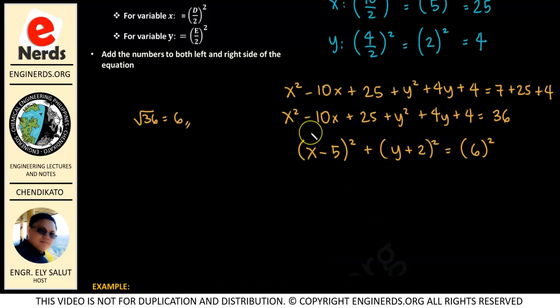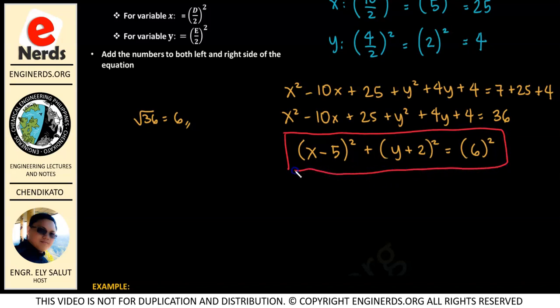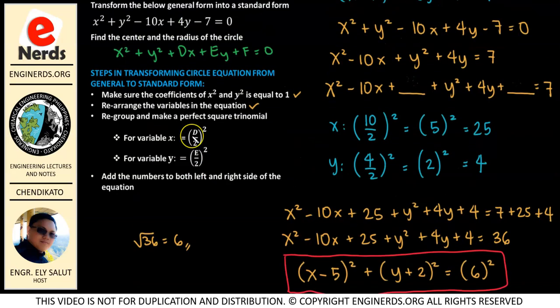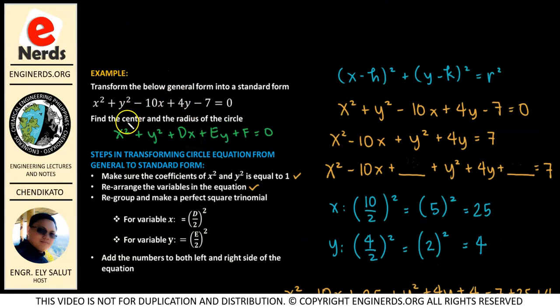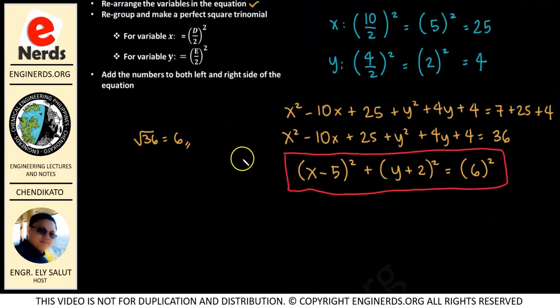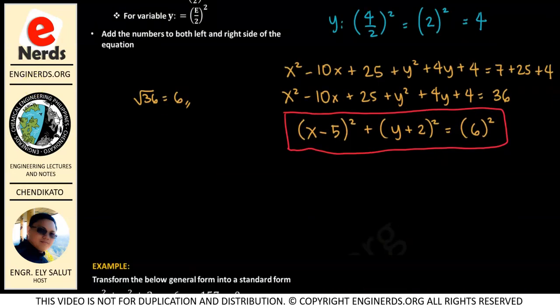So, meron na tayo ngayon ditong standard form. Okay, so ito na yung ating sagot. We have the standard form ng ating equation. But we are also asked to get the center and the radius of the circle. So, alam na natin yan kanina that from here we can determine kung ano yung value ng coordinates ng ating center, which is h and k, no?